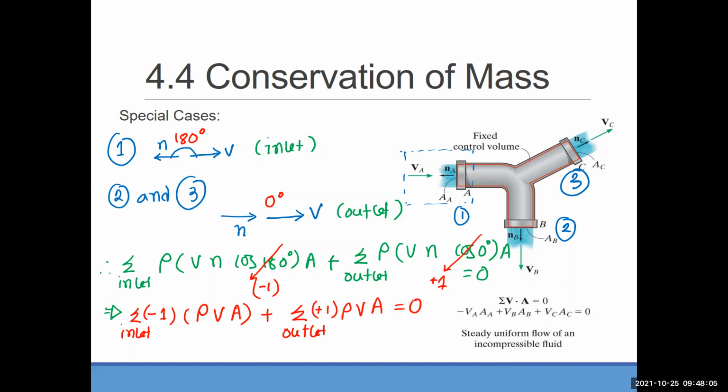Can I write down that way? So the very final one will be, since it's negative, the summation of outlet rho V A minus inlet rho V A equals 0. Yes, for steady flow. Okay, so that is the final expression for mass flow rate for steady flow.